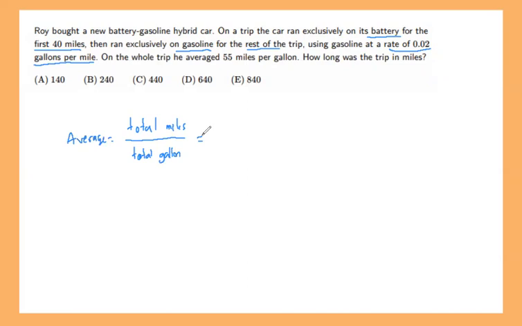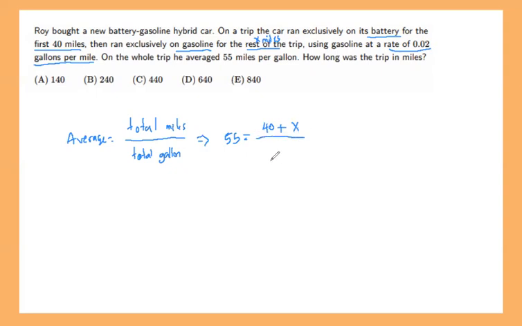We are told this is 55, and in total miles, we know the first part of the trip was 40 miles, which we know. But the second part we don't really know, right? I'm going to call this X miles, so the total miles will be 40 plus X.